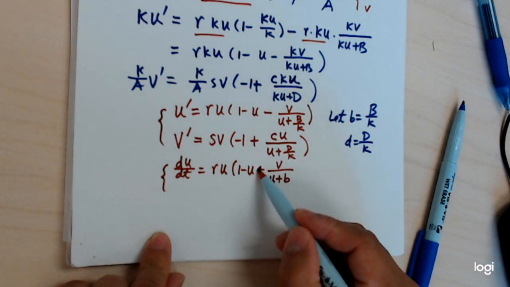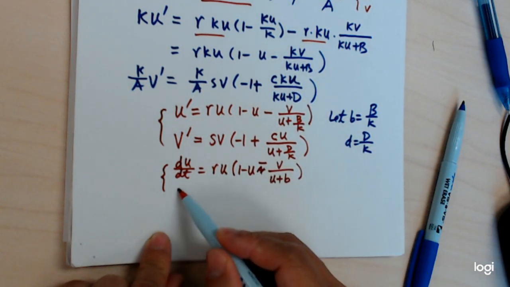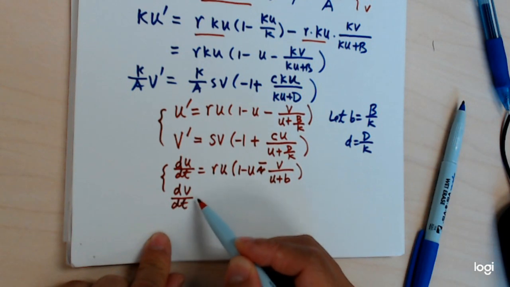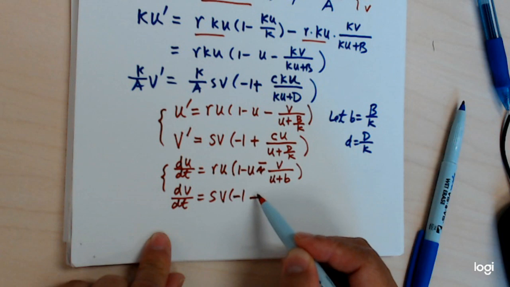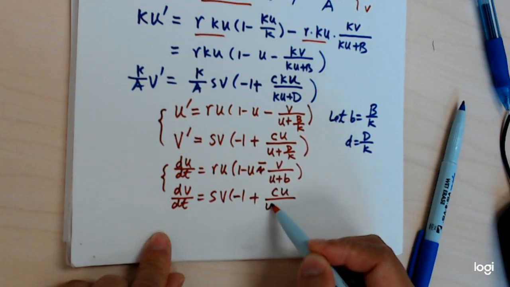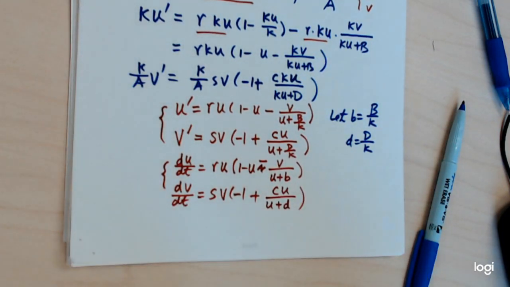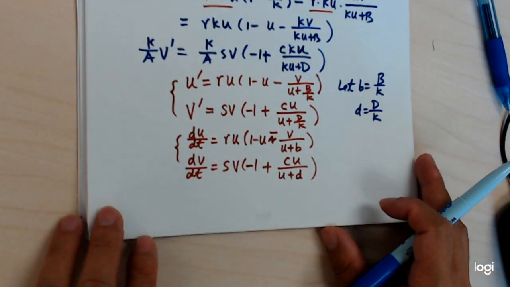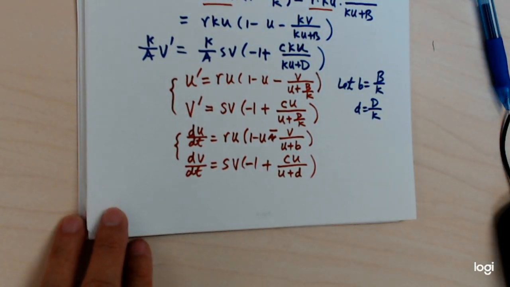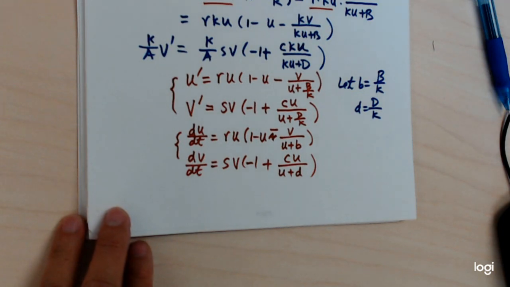All right. And we are still not very happy with the amount of parameters here. So I do something called rescaling the time. Hopefully that'll further reduce our problem.